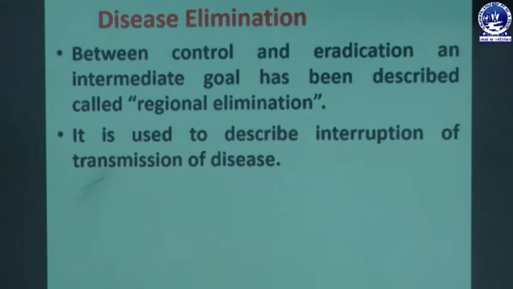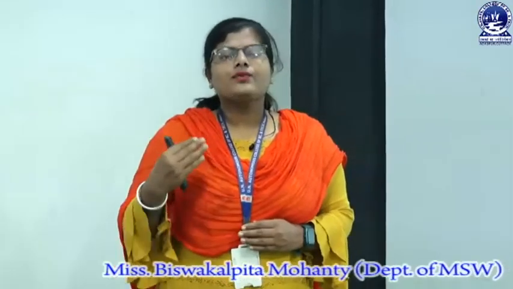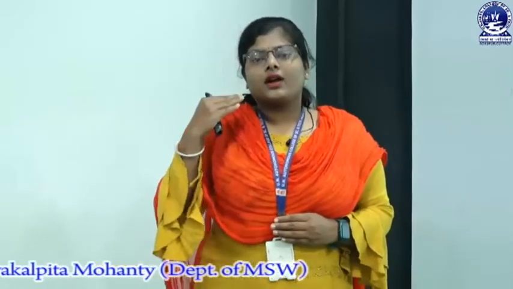because an interruption means those factors which are barriers for transmission of disease or for spreading of any disease. When we contact the physician and get treatment for prevention or for cure of any disease, those are the barriers in transmission of disease.